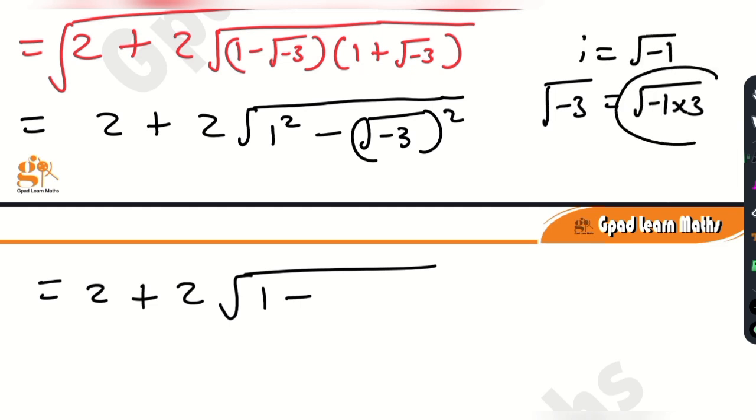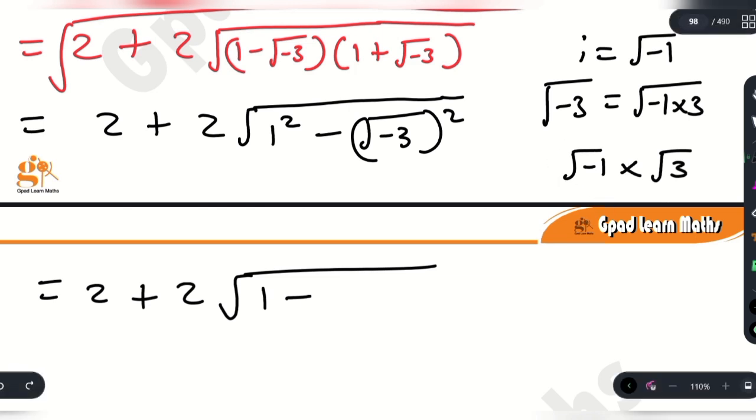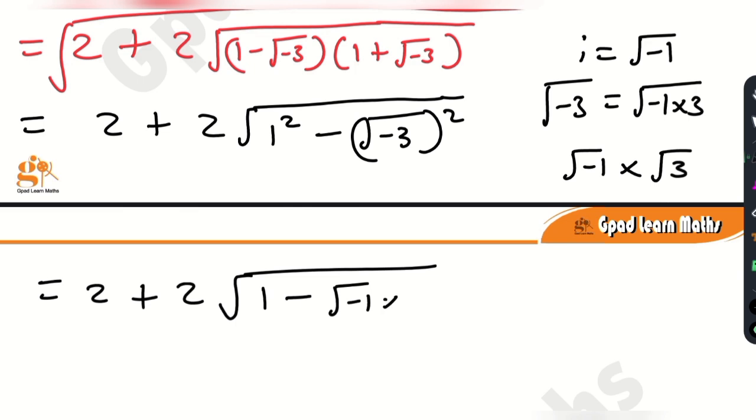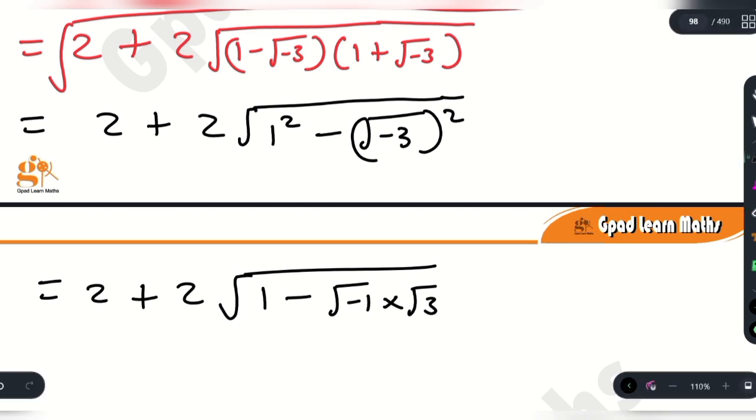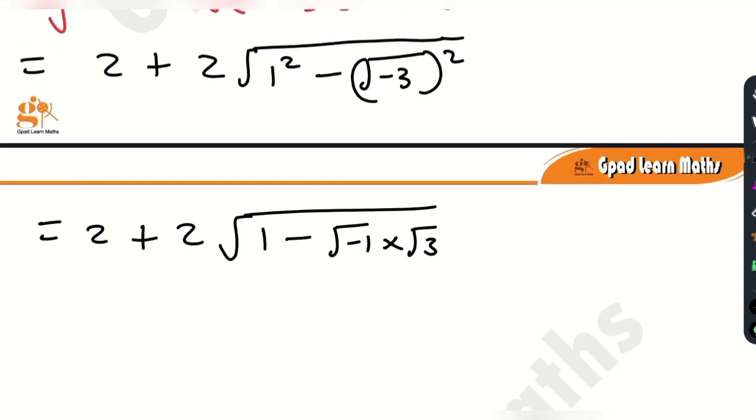So if I rewrite this, it is the square root of negative 1 times the square root of 3. And I already said that i, the imaginary unit, is equal to the square root of negative 1. So I'm going to replace this square root of negative 1 with i. We'll do that in the next line. So I'm going to have that this is equal to what?